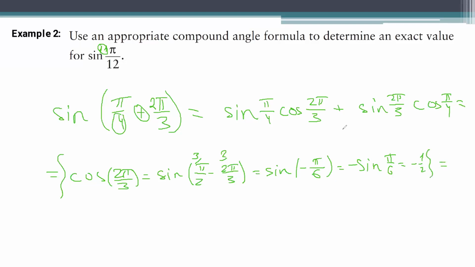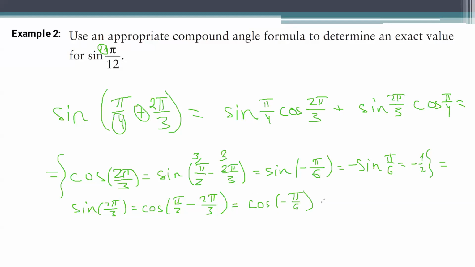Now we can substitute it instead of cosine of 2 pi over 3 in the formula. And now let's do the same thing for the sine value. What is sine of 2 pi over 3? Sine of 2 pi over 3 equals cosine of pi over 2 minus 2 pi over 3, and again, with the same operations, we get cosine of negative pi over 6.